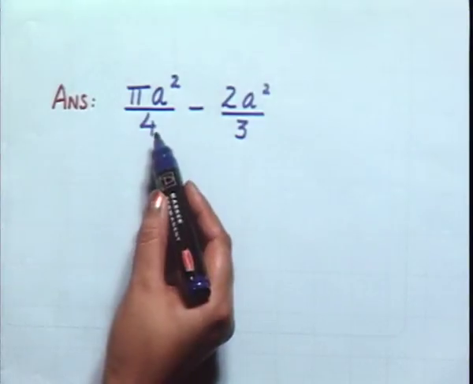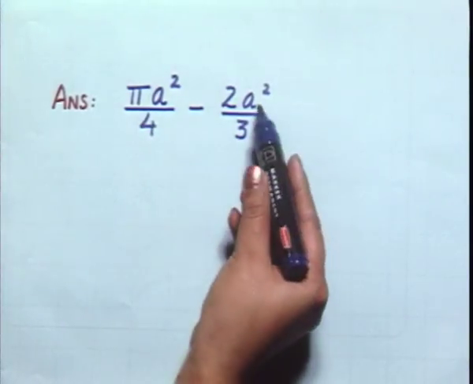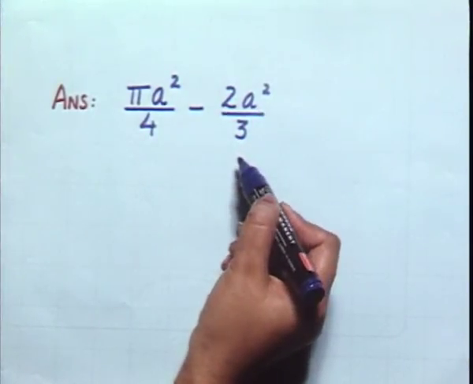Calculate this as you need to do for the integration, and then check if your answer comes out to be pi a square by 4 minus 2a square by 3. The procedure is the same, but identification of region is a must.